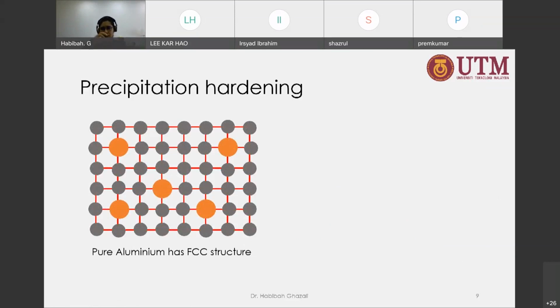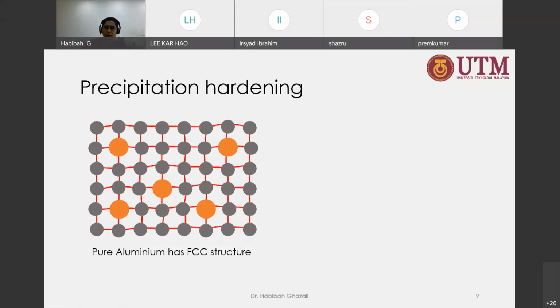But because copper has a larger size, it will distort the crystal lattice of the host material. So only a certain percentage can reside in the crystal structure.